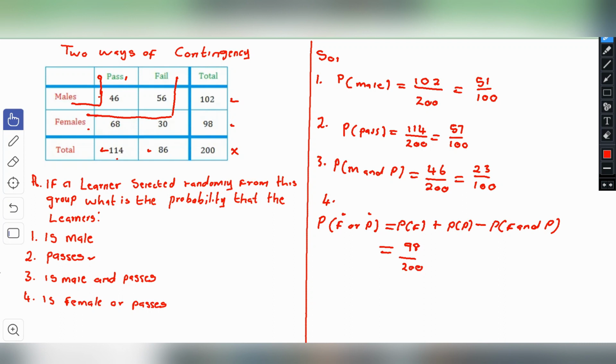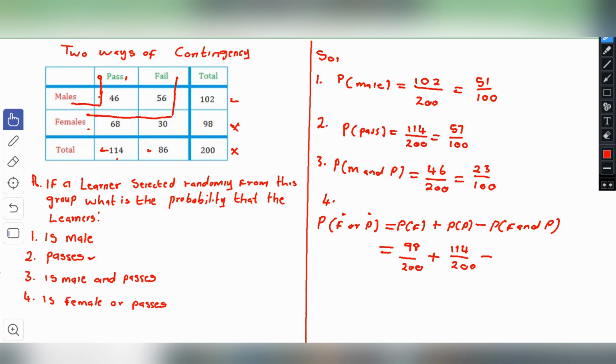The total number of females here it is, which is 98. We talked about it. Plus, what is the probability of passes? We now know the probability of passes, right? Which is the total number of 114. 114 divided by 200 minus the probability of female and passes.